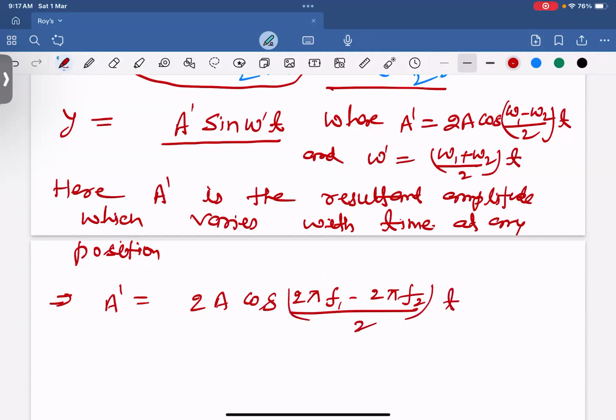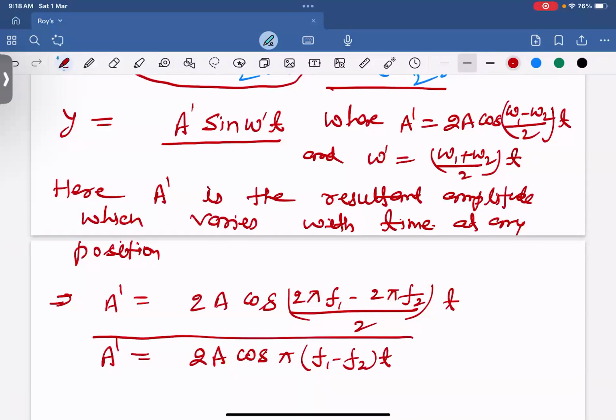The 2 can be cancelled, so in terms of f1 f2 you can write 2A cos pi (f1 minus f2) into t. This you will find in the book.